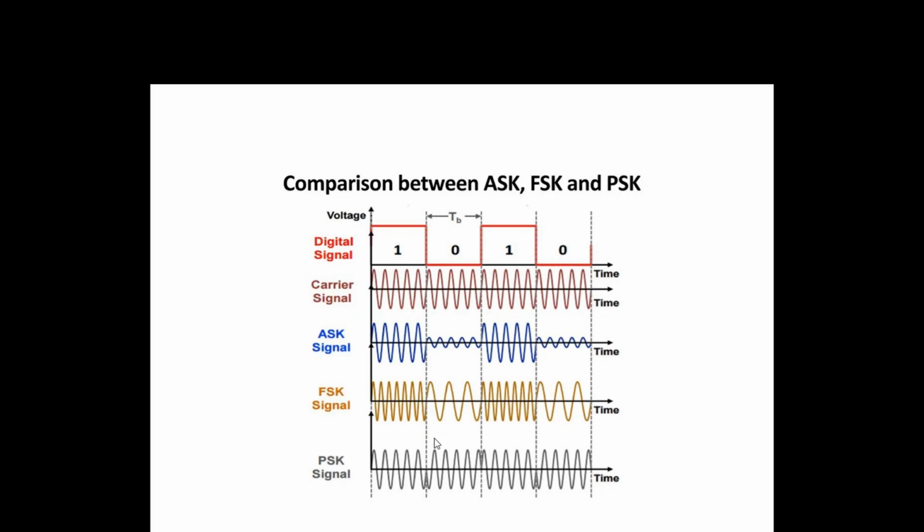But in the case of phase shift keying, the frequency and amplitude of the carrier signal remain constant and the phase of the carrier signal varies. So this is the conclusion regarding our amplitude shift keying, frequency shift keying and phase shift keying.